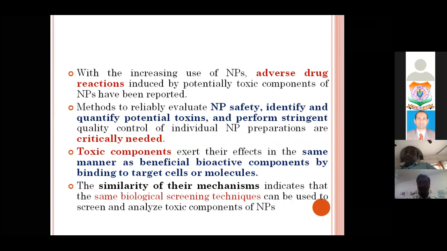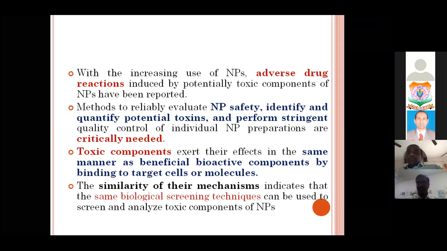At the same time, the techniques which have been used already to identify the active components can also be used to identify adverse drug reactions. Why? Because we are using more natural products, and these potential natural products may also cause some toxic reactions.